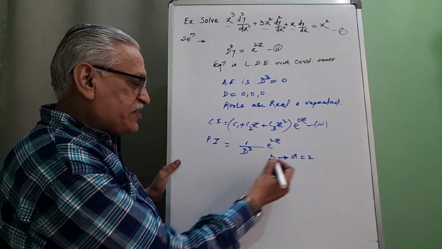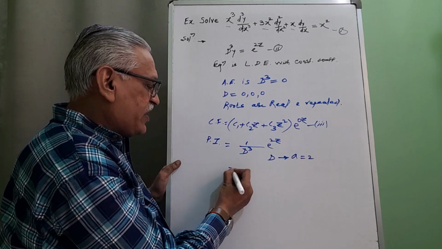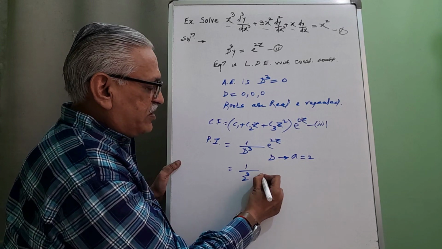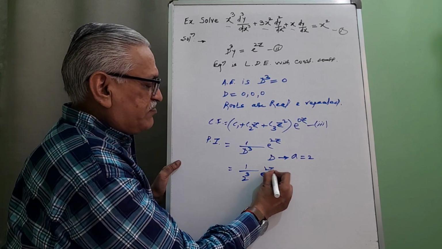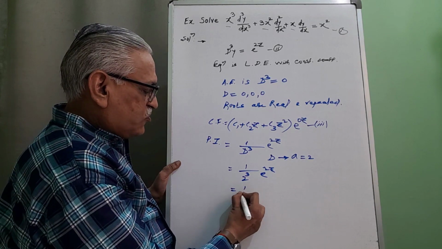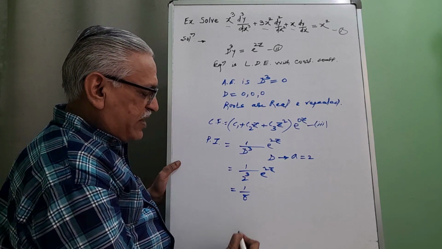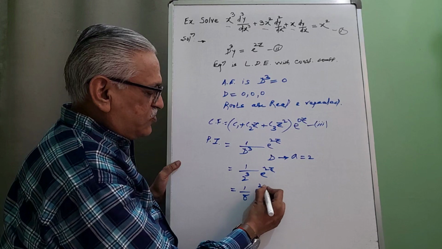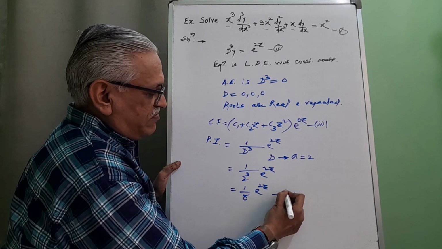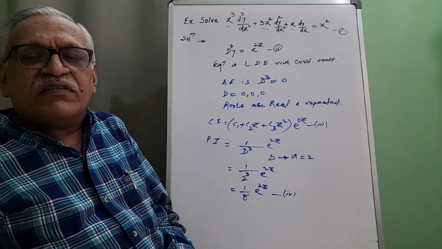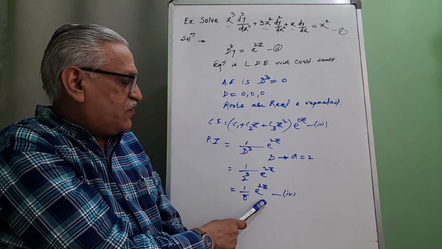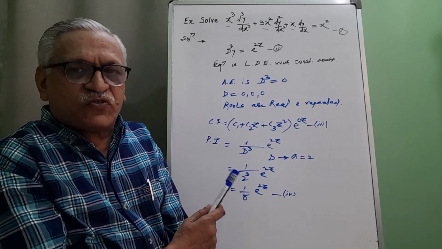Therefore, replacing D by 2, we get 2 cube into e raised to 2z. 2 cube is 8, therefore 1 by 8 into e raised to 2z. Equation number 4. And then combining equation 3 and equation 4 to find out the complete solution.